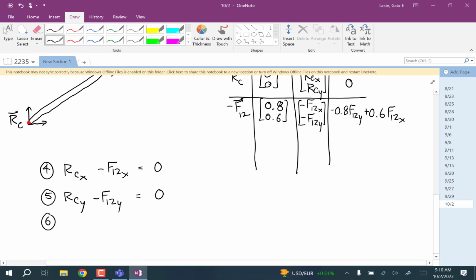And our sixth equation says, I'm going to reorder these, negative 0.6 F12x minus 0.8 F12y is equal to 0.